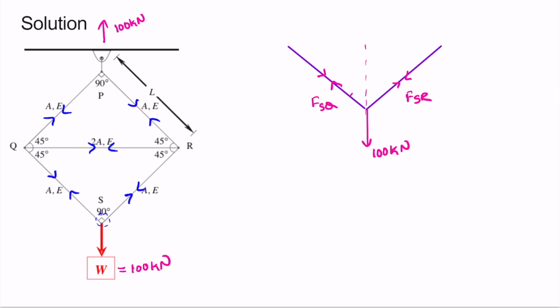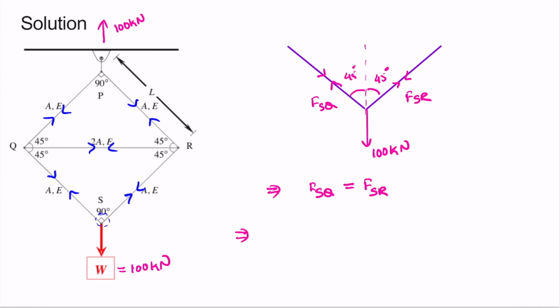So let's call this as theta. So it is 45 degree here and 45 degree here. Since both members SQ and SR are at the same angle, FSQ will be equal to FSR, that is both the members will carry equal forces.